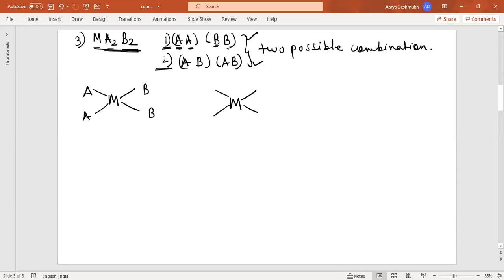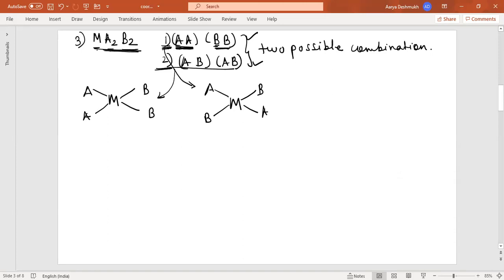Now you can write for this number 1 now. Here, this is AA and BB. So by drawing the structures, these pairs of ligands are oriented diagonally opposite, remember. So the structure for this second combination is this one. And for this first one, this is the structure.